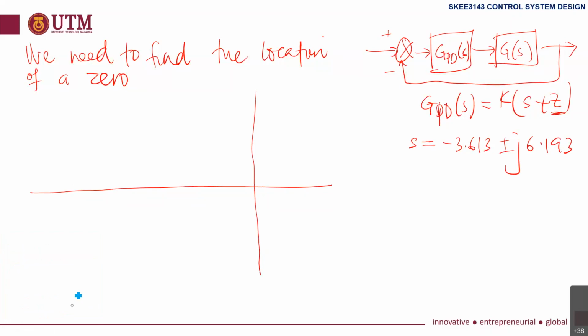We have the original system poles here, 0, minus 4, minus 6. This is the desired closed loop pole, minus 3.613, j 6.19.